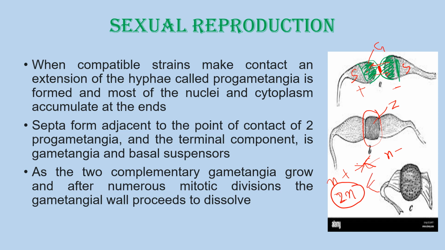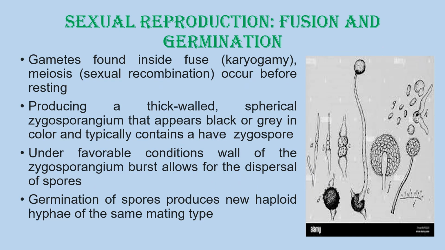That is, it produces two negative strain and two positive strain nuclei, and then after meiosis, this type of resting structure with a thick wall is formed. So these are the gametangia, and after the fusion, this is the zygosporangium, which contains a zygospore.